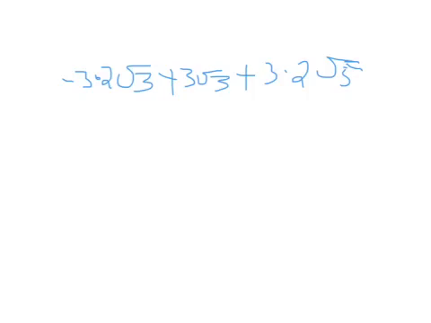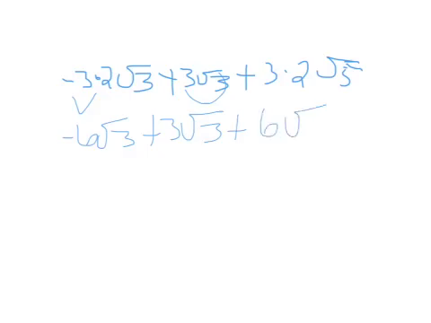So I'll start with the -3 times 2. -3 times 2 gives me -6. I keep the radical, so it stays the same, which is radical 3. And then I just carry down this one because there's no outside to multiply, so I do plus 3 radical 3. And then I do 3 times 2, which gives me plus 6 radical 5. The radical 5 stays the same always because there's no way to distribute it.